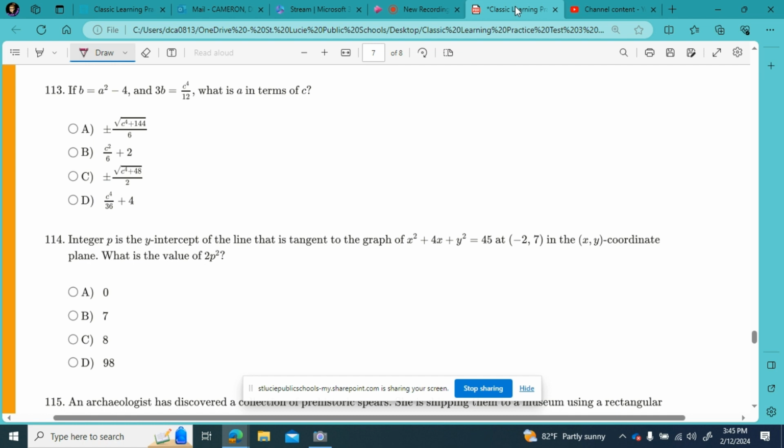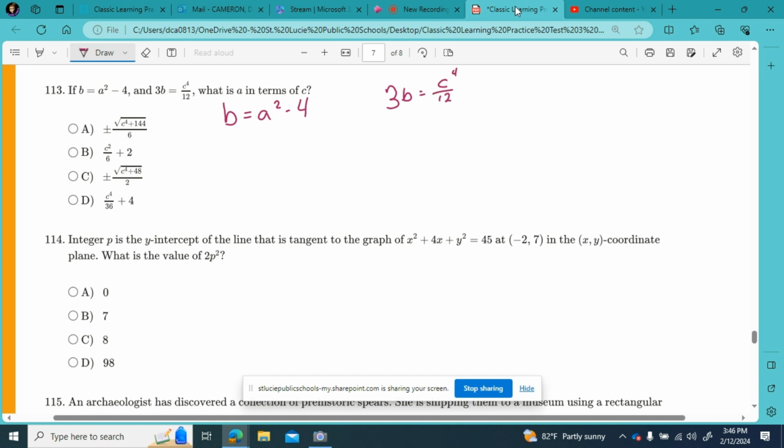So I'm going to start here with b equals a squared minus 4. And then on my second equation, I want to get my b only by itself. So 3b equals c to the power of 4 over 12.